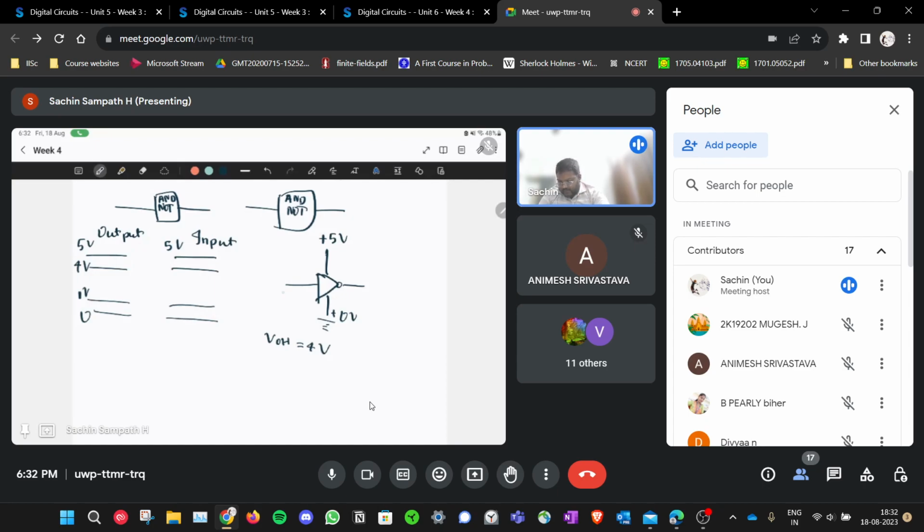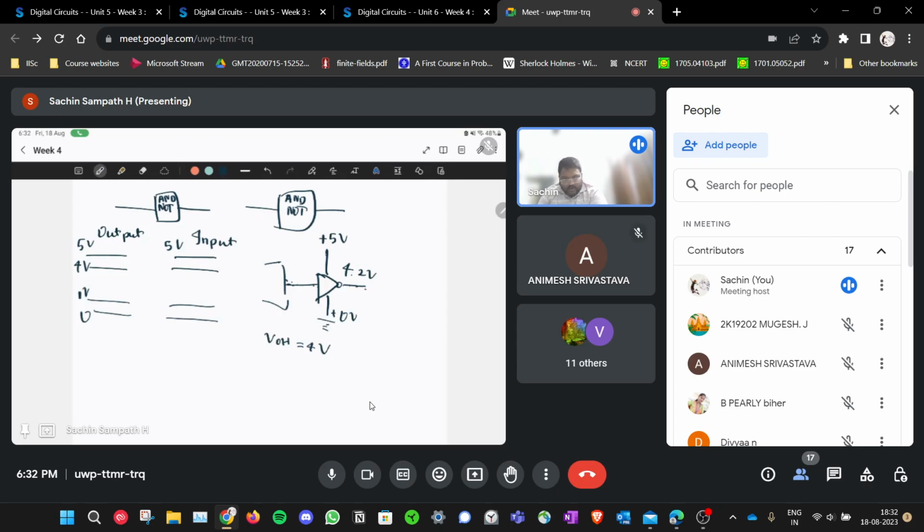Fine. Suppose you connect it to some circuit, you get some input here, and your output turns out to be 4.2 volts. Then, as far as this inverter is concerned, what is the logic value of the output? 1.